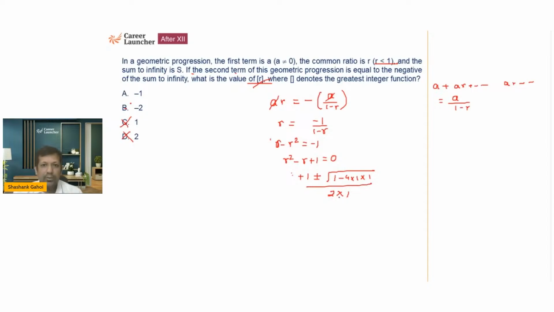Okay, now am I getting something wrong over here? What is the mistake that we are making?